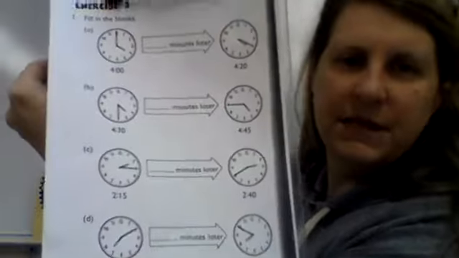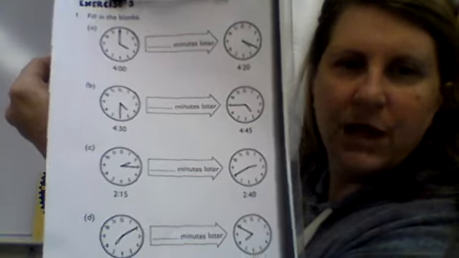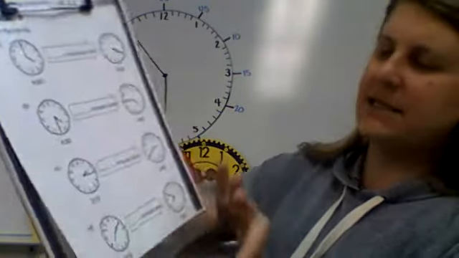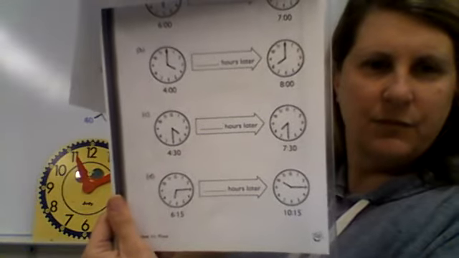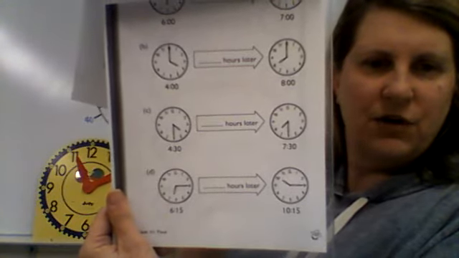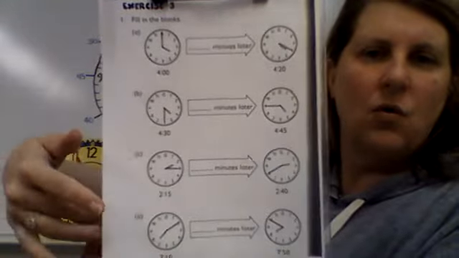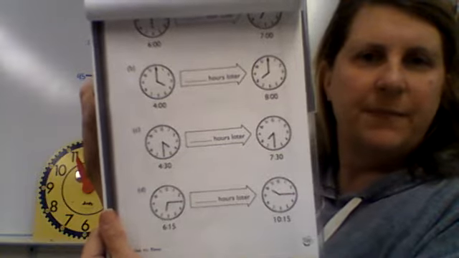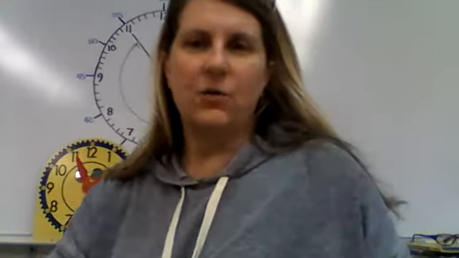So it lets you know if we're talking about minutes or hours. Take a look at page 126 and 127 and see if you can figure out how many minutes or hours have gone by. Pause the video, figure that out, and then come back and we'll check it.